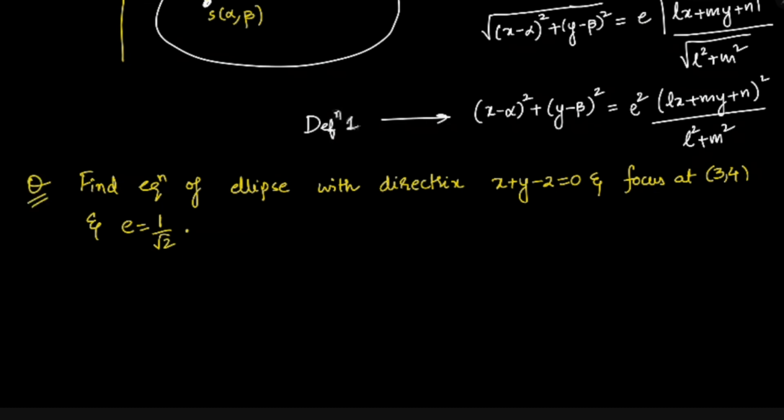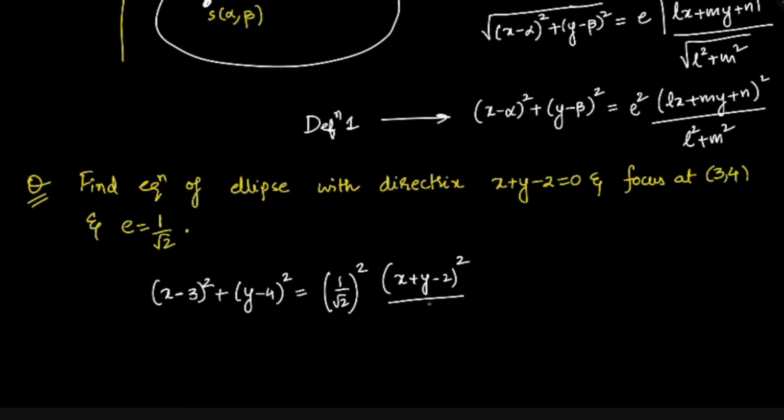Through definition, (x minus x-coordinate of focus) square plus (y minus y-coordinate of focus) square is equal to e square into the directrix expression (x plus y minus 2) whole square divided by the coefficient of x square plus the coefficient of y square. This is the equation of the ellipse. If we simplify this, we'll get something in this form: ax square plus by square plus 2hxy plus 2gx plus 2fy plus c equals 0.